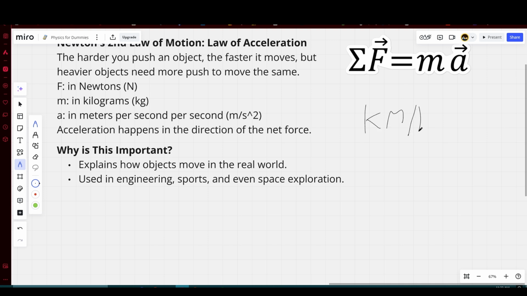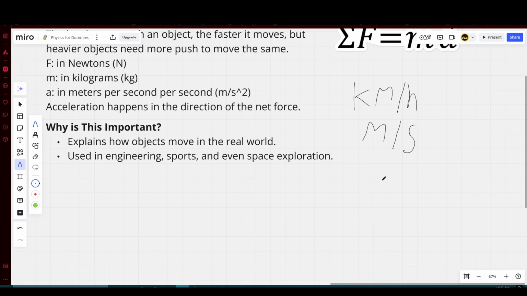It's just telling you how many kilometers you're going to go in the span of 1 hour. It's the same with meters per second. Meters per second just means how many meters you're going to go in 1 second. But meters per second squared basically means for every second of travel, you gain speed.